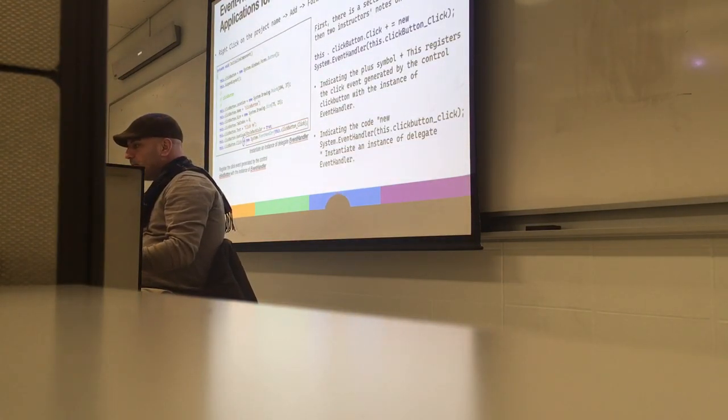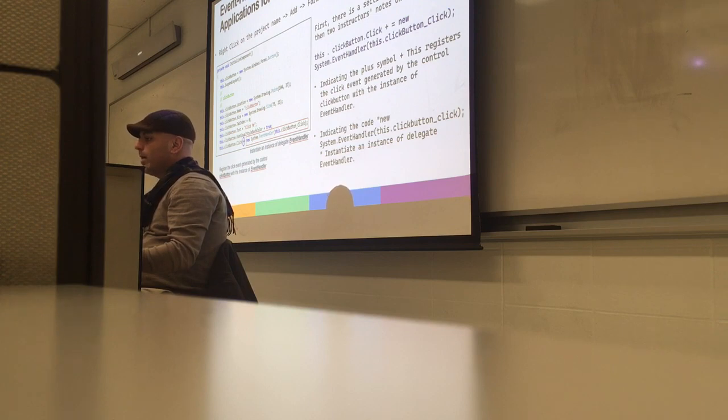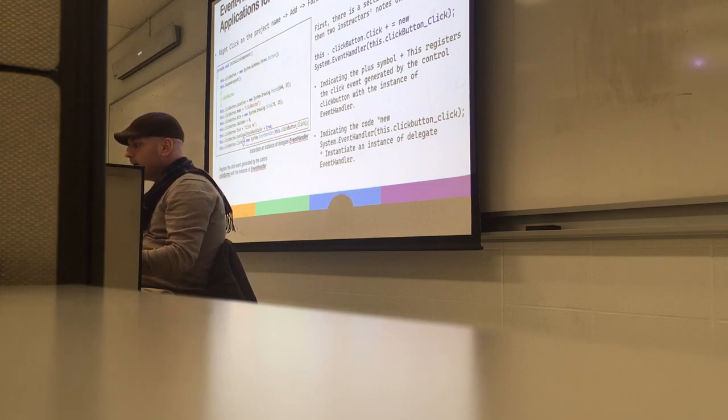First, there is a section of code on the button. Then the code: this.button.Click plus equal new System.EventHandler(this.button_Click). So the plus symbol indicates registering the click event, to register the click event with an instance of the event handler.